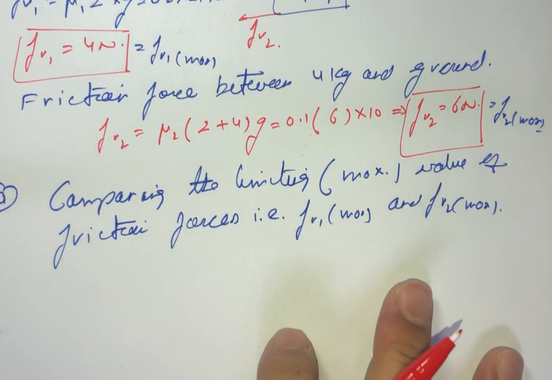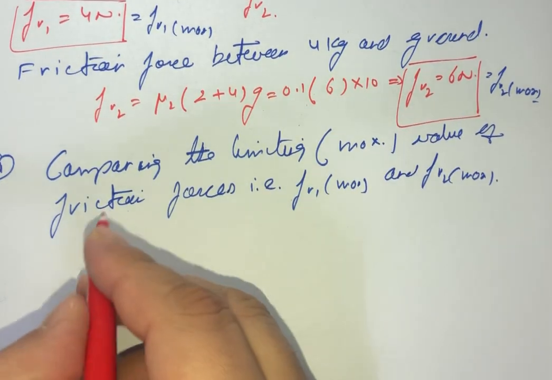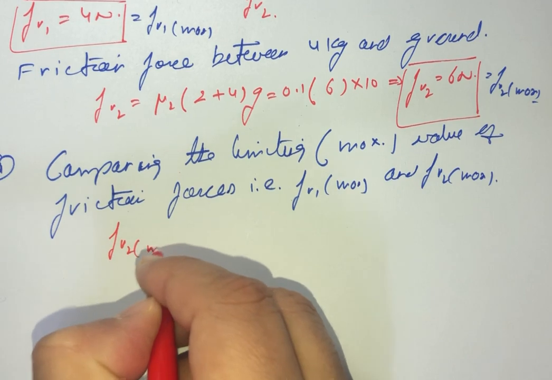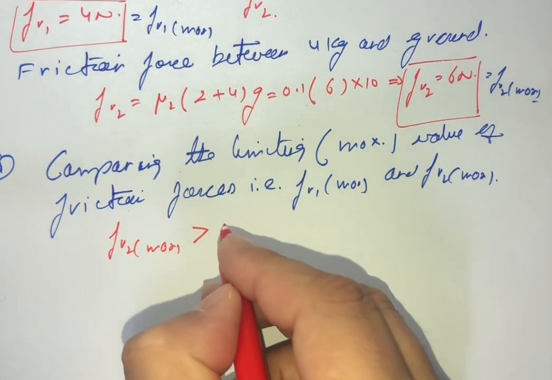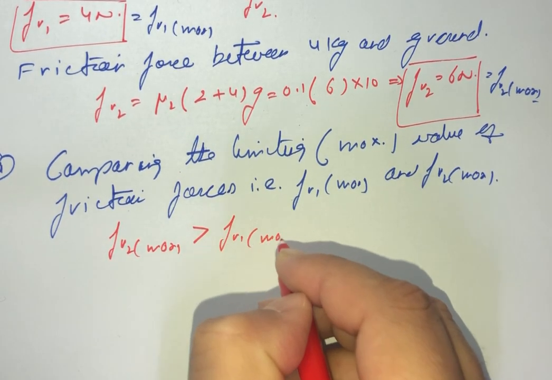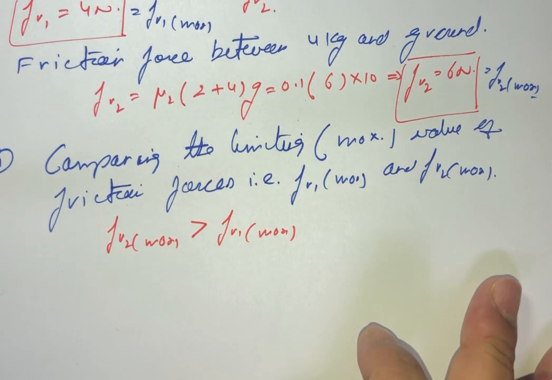So we can say that our Fr2 max is greater than Fr1 max.